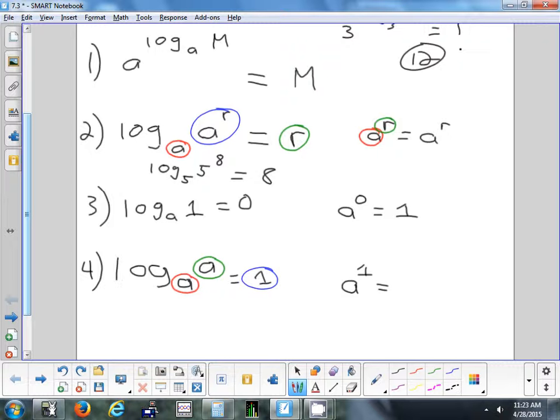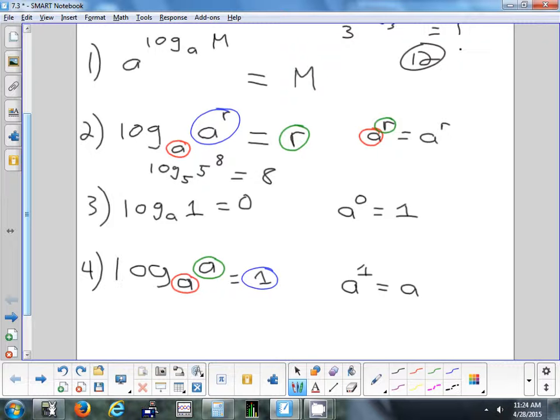If you take anything and raise it to the first power, what do you always get back? The same thing, right? Anything raised to the first power is itself. Raising something to the first power is like multiplying it by 1. It doesn't change it. It's like adding 0. It doesn't change it. So hopefully that's a rule you already knew.